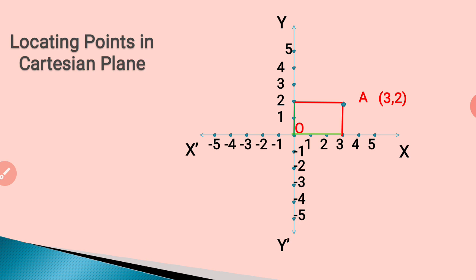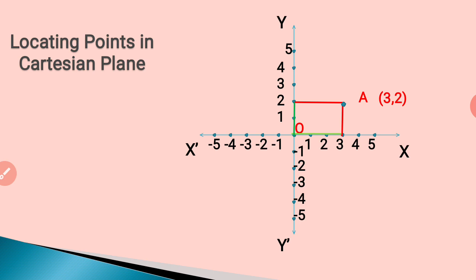Every point can be represented like this on the Cartesian plane. Take a point anywhere on the Cartesian plane. To locate it, you have to draw the first perpendicular on the x-axis. Note the point, then draw another perpendicular on the y-axis.